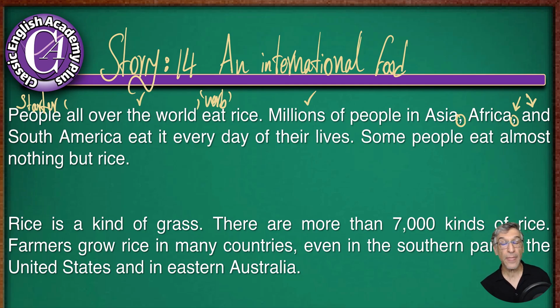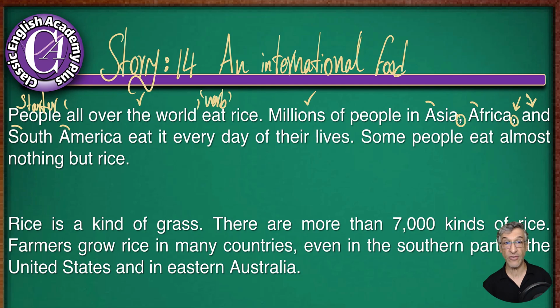When we have proper nouns like Asia, Africa, and South America, we need to start these nouns with capital letters. The rest of the noun is free to use a capital or a small letter.